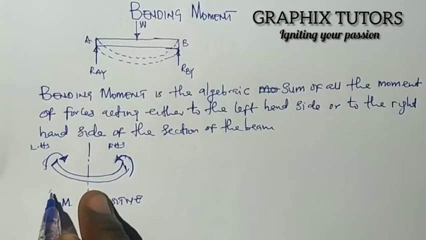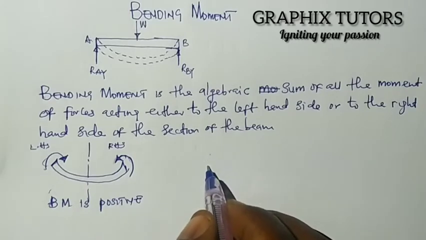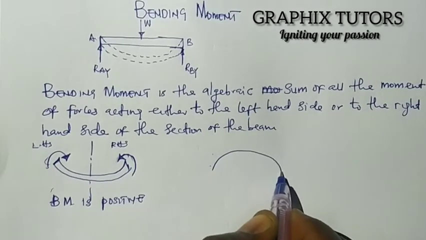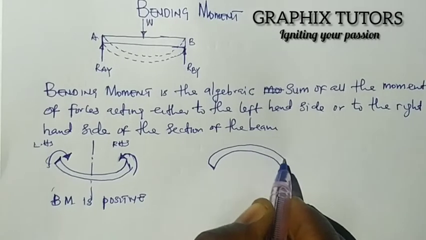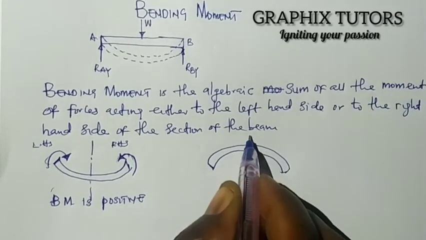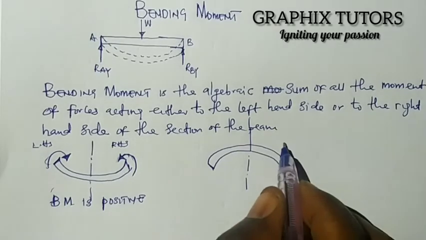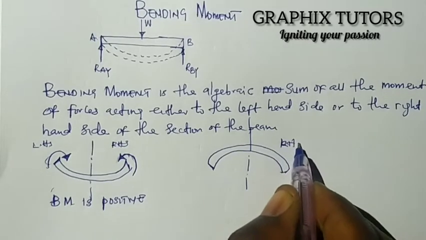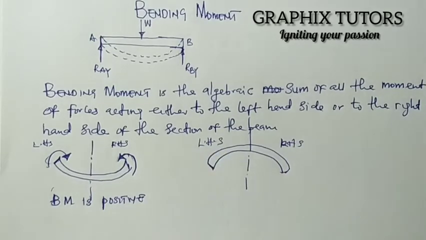That is point A. But for point B, let's assume it is bending downward in this direction and we are sectioning it. So this is the right hand side, and this is the left hand side. Right?